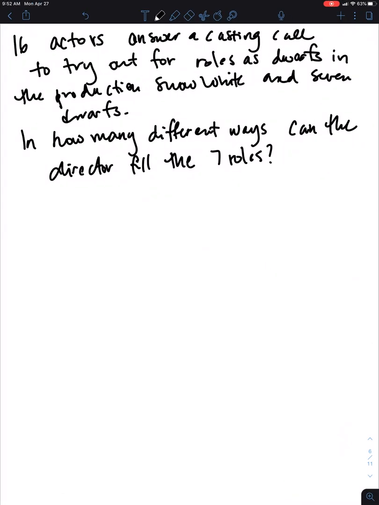We're going to write it like we just learned. So the P, we know it's permutation because order matters. We have 16 and we have 7 spots to fill. So this is N, this is R. So 16 actors and 7 blanks to be filled. Okay, and then we just do what you normally do and use your calculator. 16 factorial over 9 factorial, and you find that it is 57,657,600.